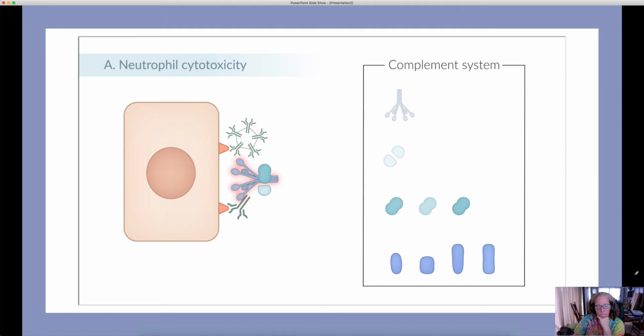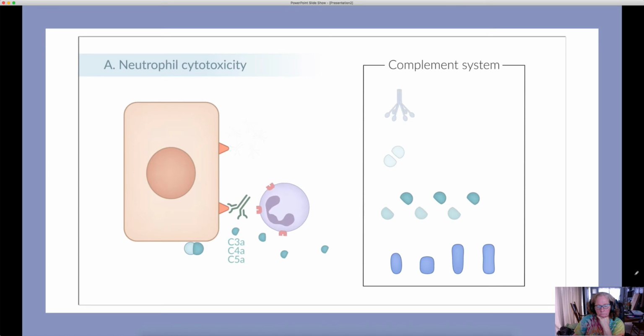This leads to the activation of further complement proteins through cleavage of small fragments. These fragments are chemotactic, meaning they attract immune cells such as neutrophils, which bind to the antibody via Fc receptors present on the surface. These Fc receptors can detect and bind to the Fc portion of an antibody.